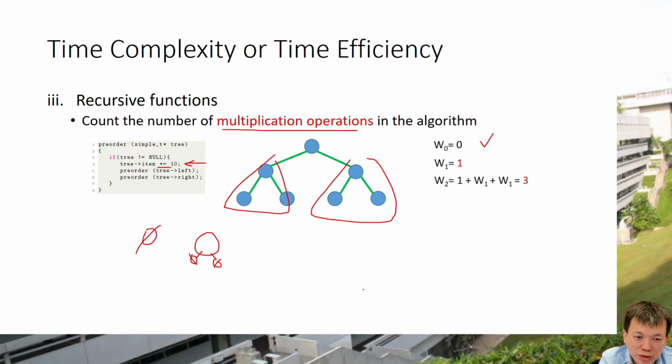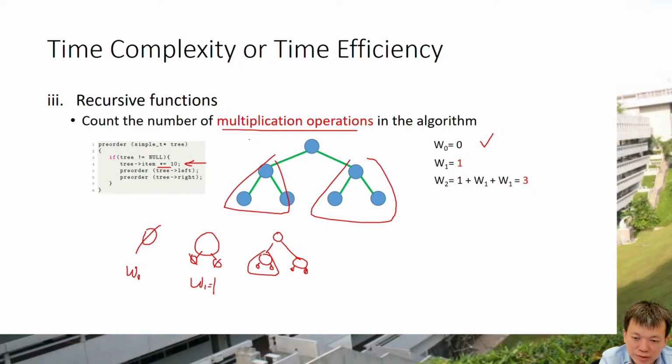Then when w equal to 2, that means when you have 2 levels, let's say this is a complete tree. I assume it's a complete tree. So in this scenario, you do the multiplication once, then the left subtree, you already know just now, W1 is 1.